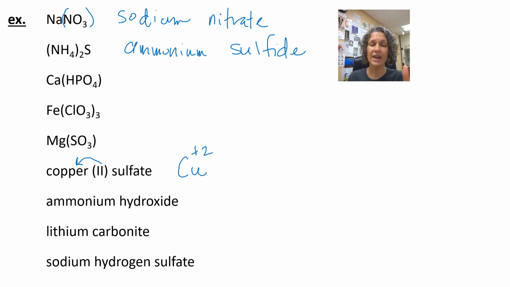And then sulfate, the -ate ending tells you to look at the polyatomics. Sulfate is SO4, and it is also a -2 charge. So when you write that compound's formula, you just have CuSO4. You can put parentheses around the SO4 if you want, but you don't need to.